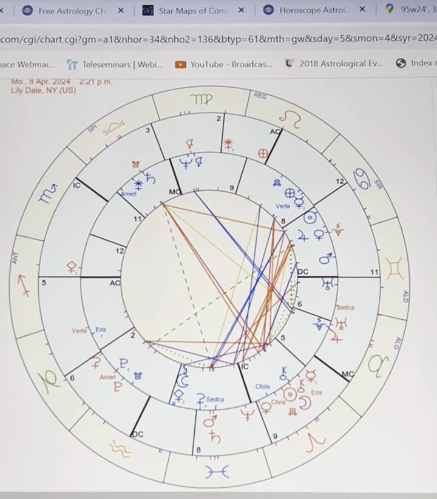Now, you want to notice something else here. Chiron, the wounded healer, is exactly conjunct the sun, okay? So while the eclipse is going on, and even though we won't see Chiron, it's one of the only bodies in the sky that's a comet, an asteroid, and a centaur, like Sagittarius, being occulted really by the eclipse. And an occultation means a planet or a star is covering another one.